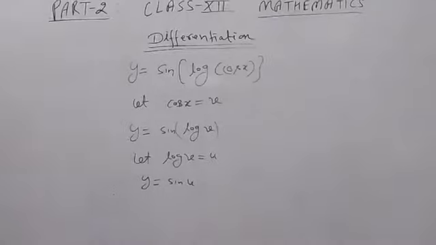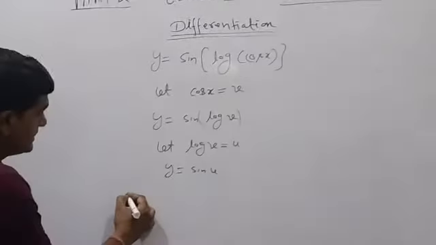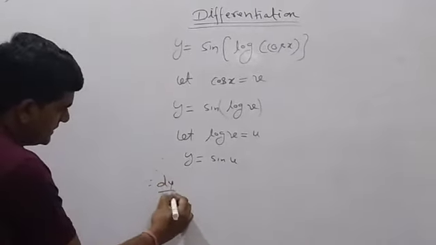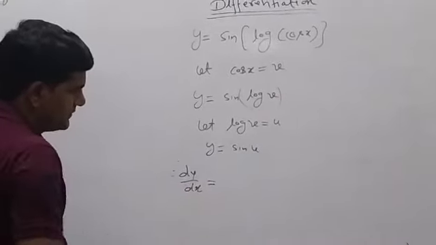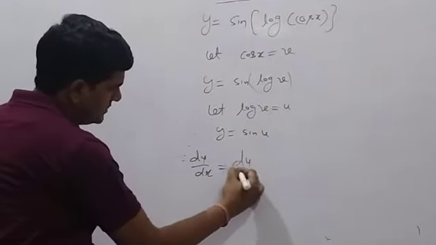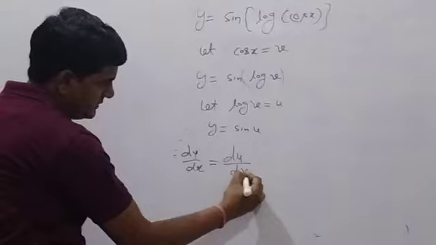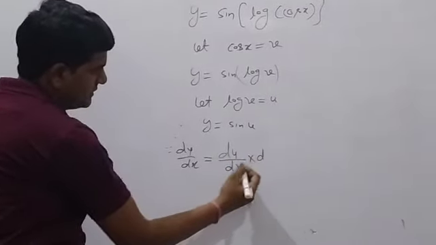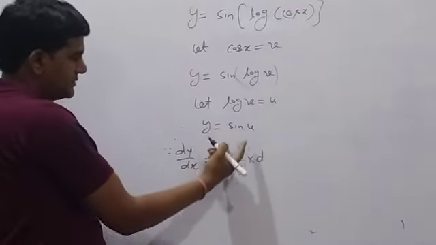Any problem? No. Now, since dy by dx, we have the formula: dy by du into du by dv into dv by dx.